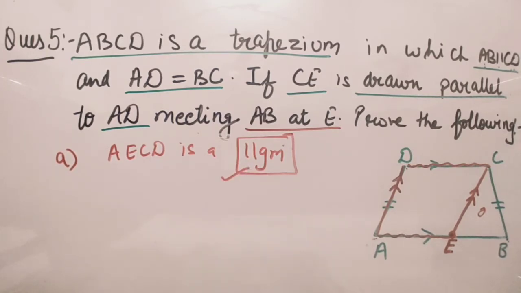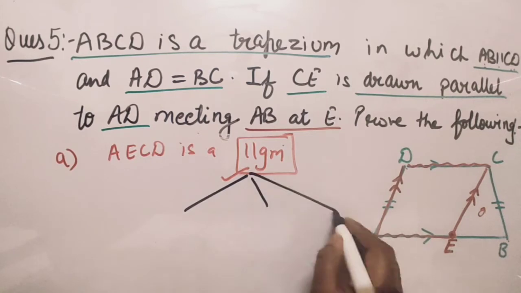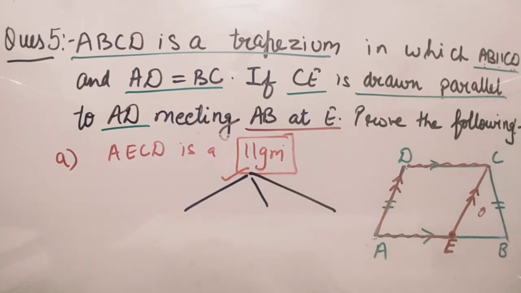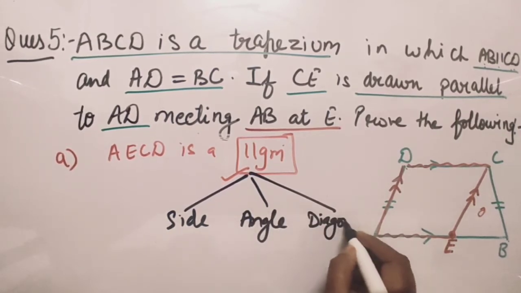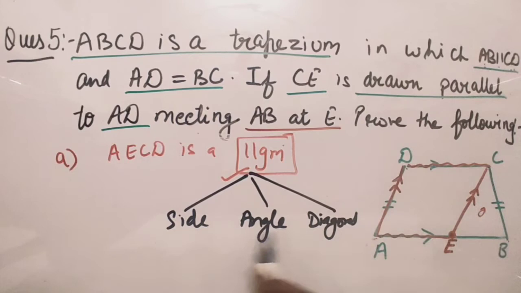First of all, we should know what a parallelogram actually is and how I can prove any four-sided figure a parallelogram. Children, we have already done the features, and I told you there basically we have 3 types of features: side feature, angle feature and diagonal feature. We can opt for any of the features to prove a particular figure a parallelogram. According to the given information we will go for it, right?